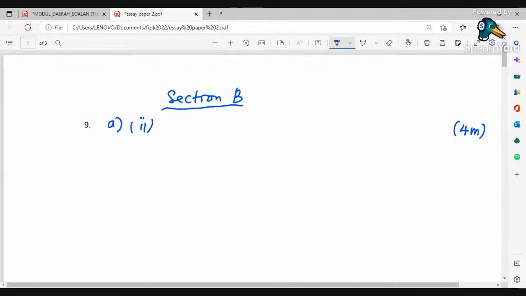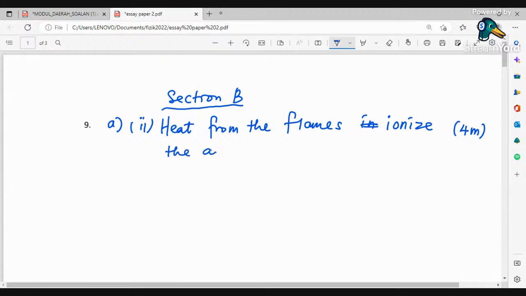The heat from the candle flame ionizes air molecules. Ionizes means produce positive and negative charge. It means there are positive and negative ions produced.